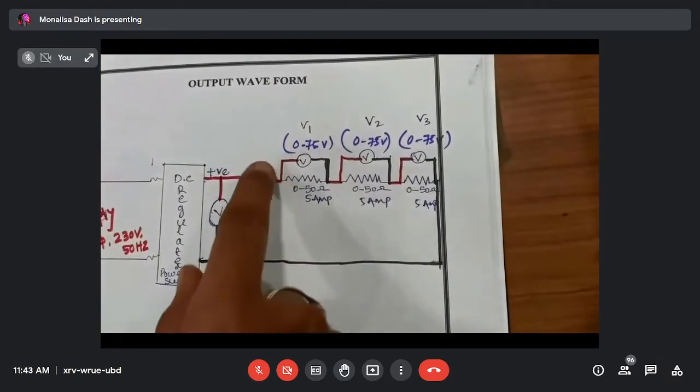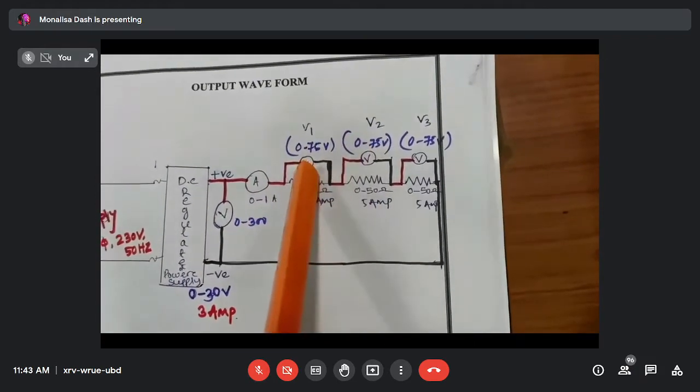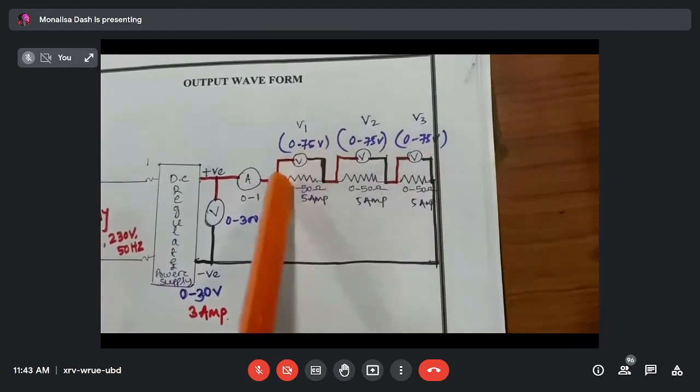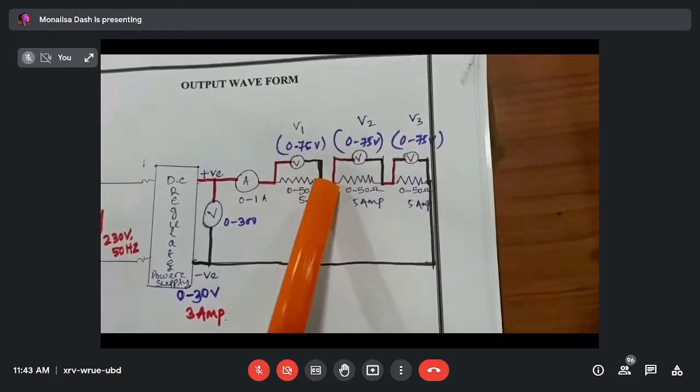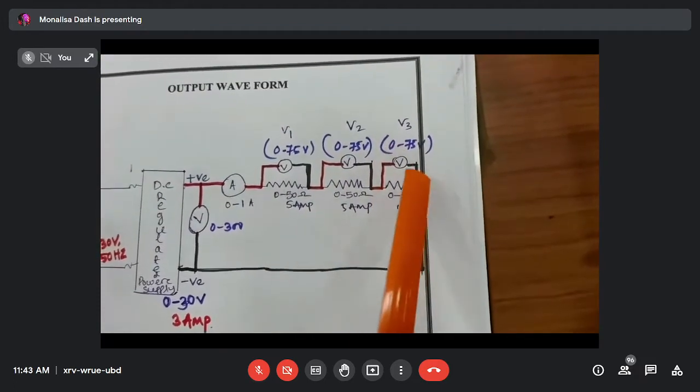Now we will go for parallel connection of V1, V2 and V3. One voltmeter across the first rheostat, second voltmeter across the second rheostat, third voltmeter across the third rheostat.